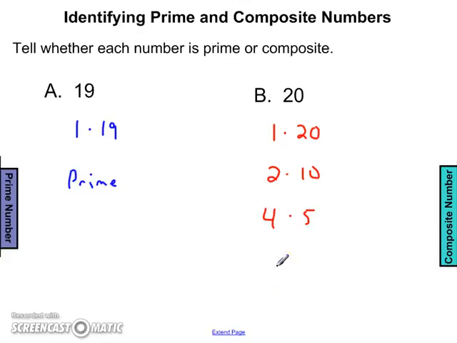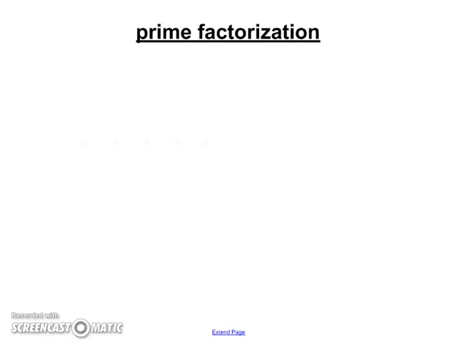So 20 has 1, 2, 3, 4, 5, 6 different factors. So obviously it's composite. In each of these cases, we are looking at numbers that divide evenly, so no decimal remainders or anything like that. We want even answers, so to speak. So you're going to do a little bit of that.